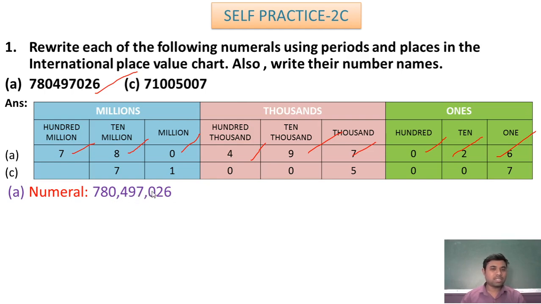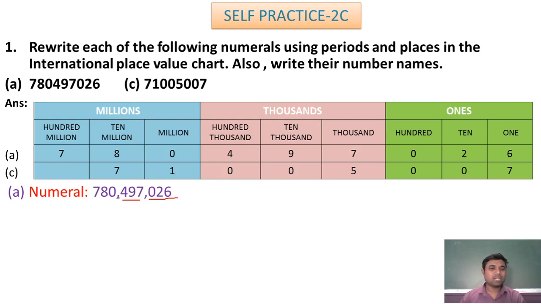Dear students, in the Indian system, you keep commas first for 3 digits, then for 2. But in the international system, 3 means 3 digits, ones, tens, hundreds, then also 3. In the Indian system only 1,000 and 10,000, but in the international system 1,000, 10,000, 100,000.